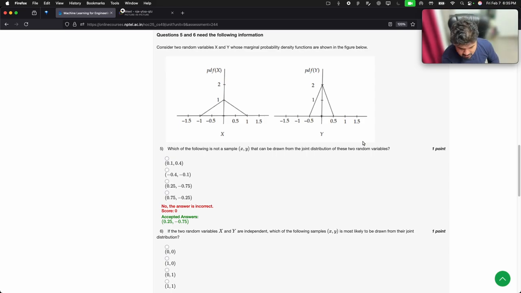But in that case also -0.25 will be present. So option C, this range is -1 to 1. Whatever options are there, they are falling within this range, right? So all x's are correct.